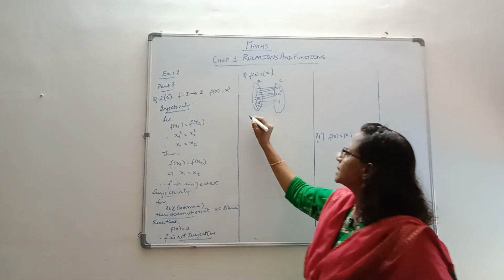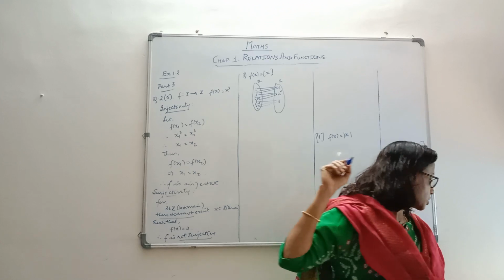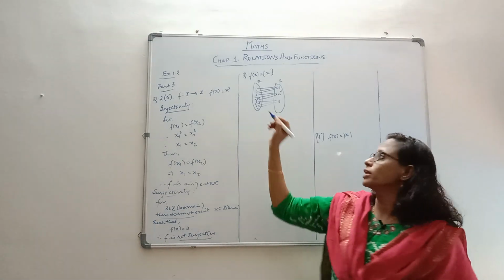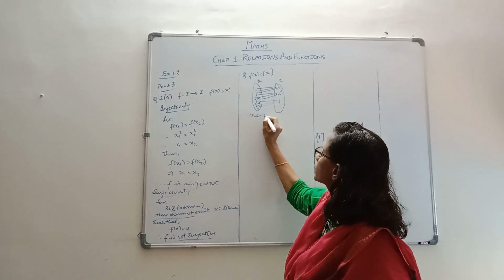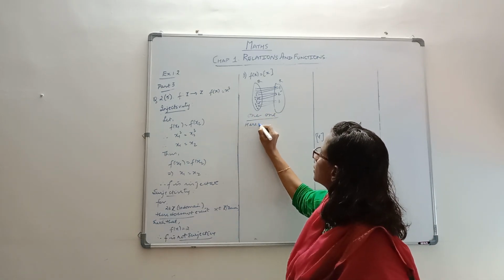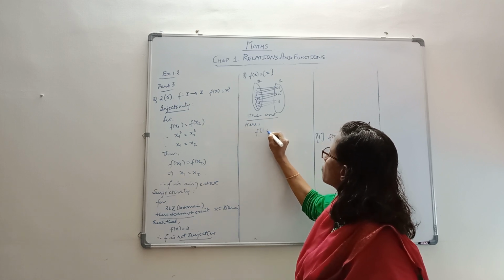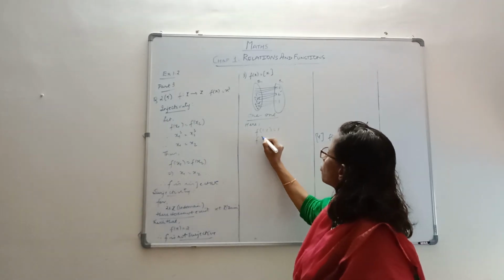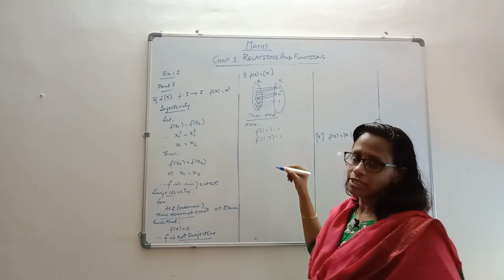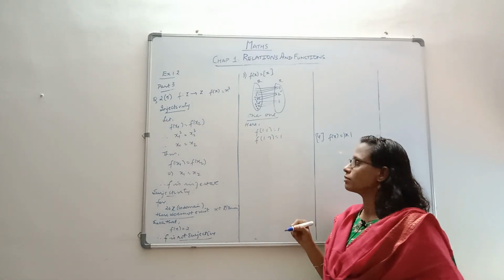So let's check. In first they ask us injectivity. Yeah, they are asking us 1 to 1. So let's check for 1 to 1. Here we could see from here f of 1.1 is 1, f of 1.7 is also 1. So two pre-images having one same image is not allowed.